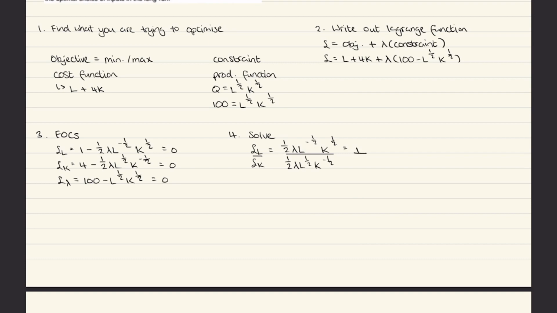Right, so all I've done here is I've simplified it quickly. So I brought this and this to the other side so it becomes positive, and then I just divide them together, which is how I got that.